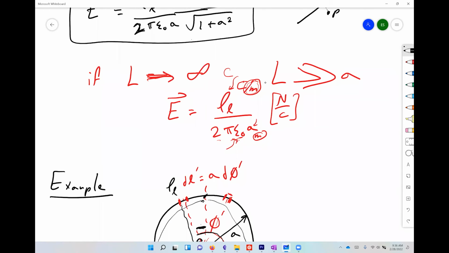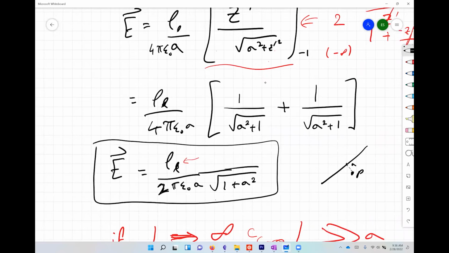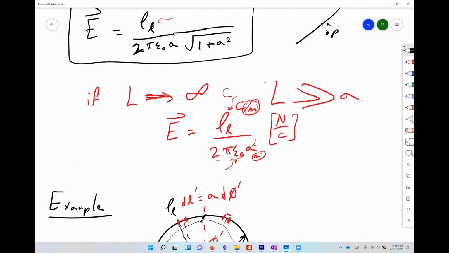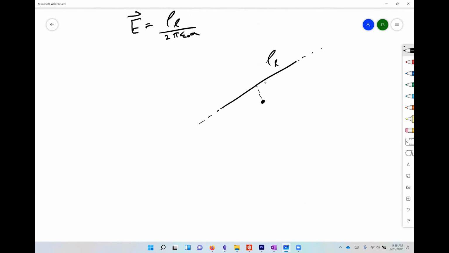So we get the same sort of electric field: rho L over 2 pi epsilon naught A. So the problem of finding the field at distance A from an infinite line with charge density rho L gives exactly the same field as if we take this line, chop it off, and make a semicircle with radius A. This is an interesting result.